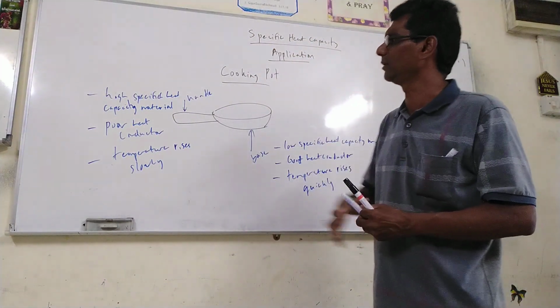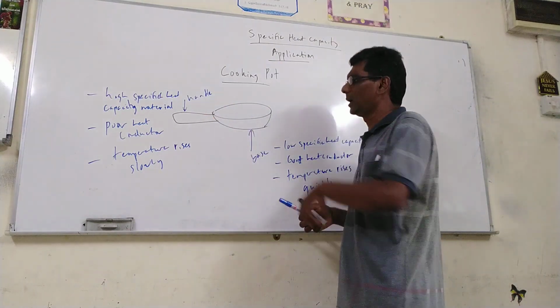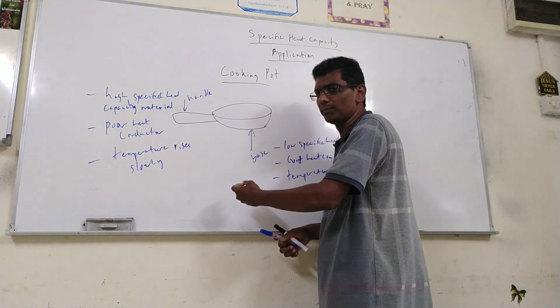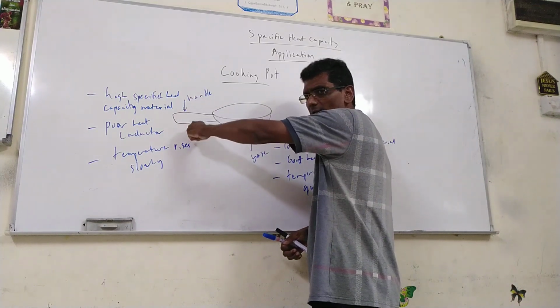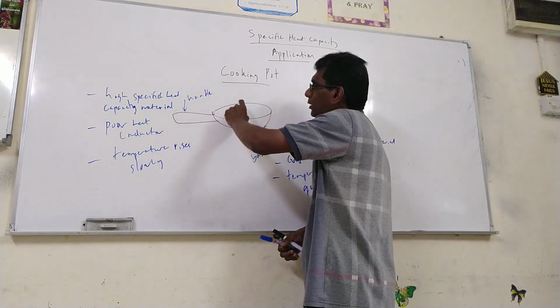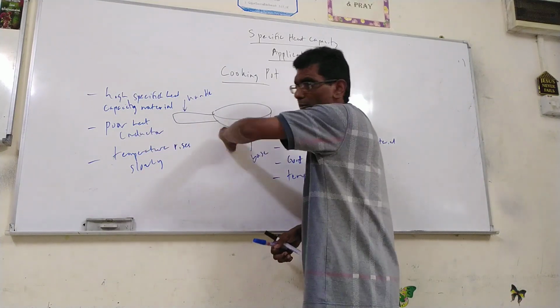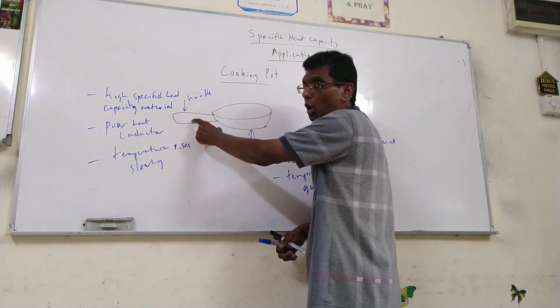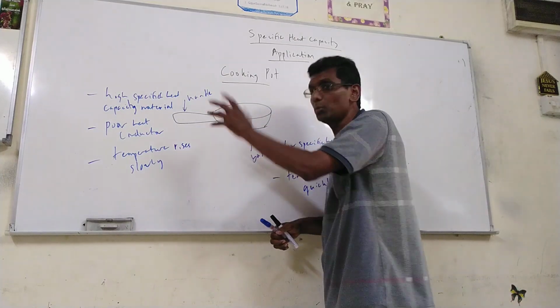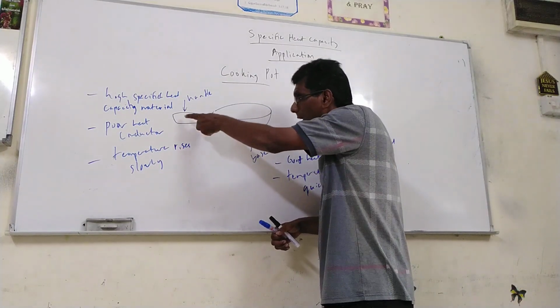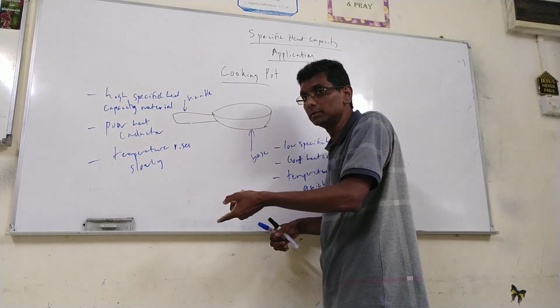Because you put a handle: if you take the pot from the fire, you hold on to the handle. By holding the handle, we are taking the cooking pot from the stove. So the handle mustn't be too hot to be handled.